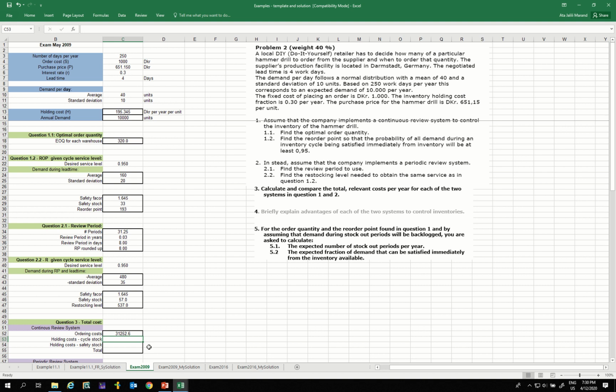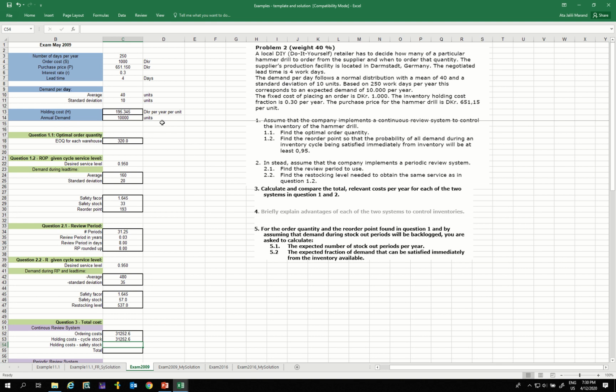And then for the inventory holding cost for the cycle stock, we have Q over 2 multiplied by H. So the cycle stock inventory holding cost is equal to the ordering cost. This is what we expected, of course.